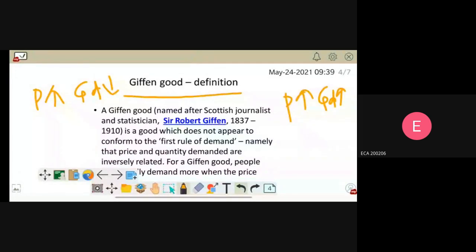That's why this is known as Giffen goods, or sometimes this is referred to as Giffen paradox. So let us see what is Giffen good.